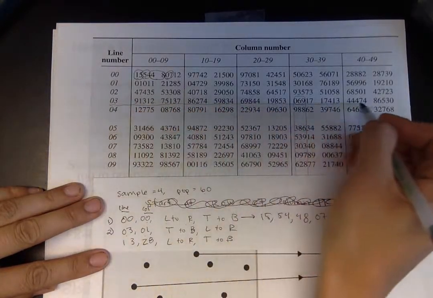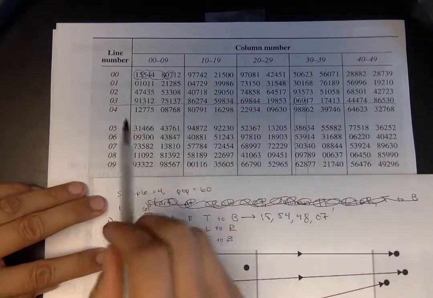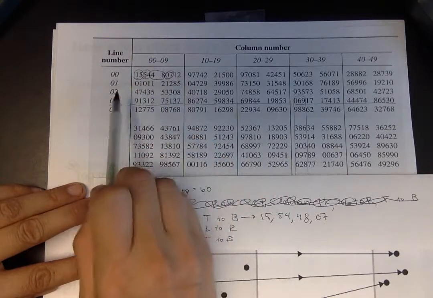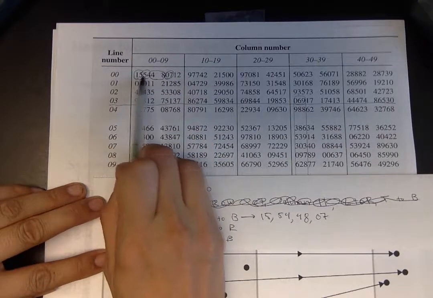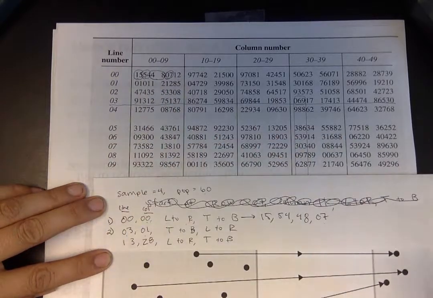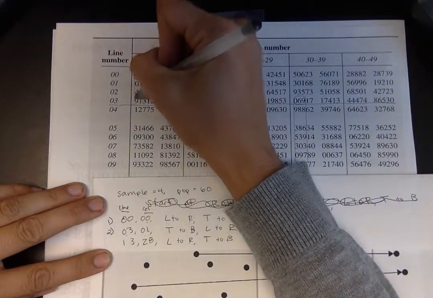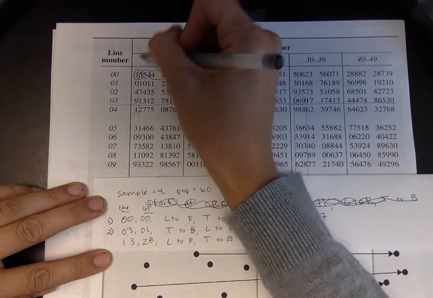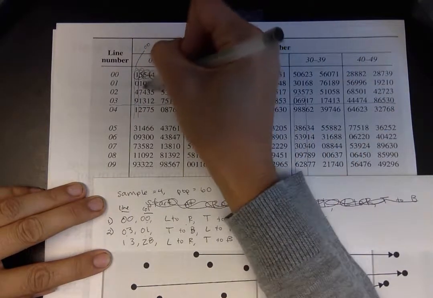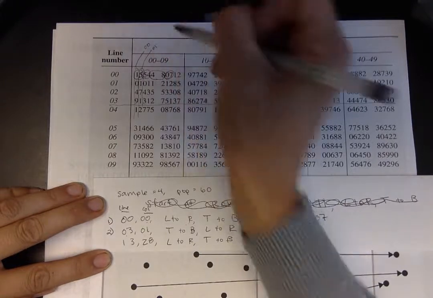The way these columns are numbered is a little bit tricky in that up here it says this is column 00 to 09. And if you count these, here's 1, 2, 3, 4, 5, 6, 7, 8, 9, 10 columns. So the way that this is numbered is that this column right here, that's 0, 0. This column, the second column, is 0, 1.